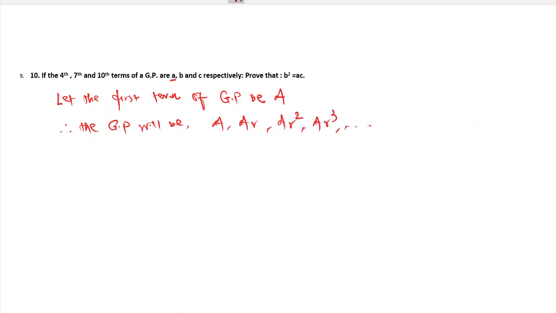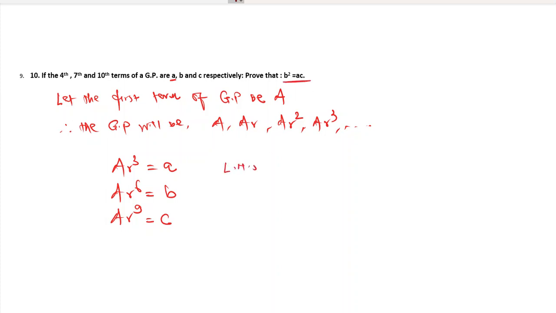Now the fourth term is small a. So AR cube is equal to small a. And seventh term AR6 is equal to b. And 10th term AR9 is equal to c. And you have to prove that b square is equal to ac.